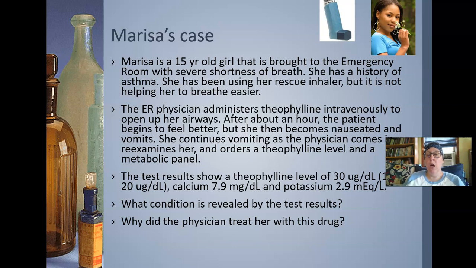And so what condition is revealed by these test results? We'll have to answer that in the Nearpod. And why did the physician choose to treat her with theophylline? So just look up or think about the difference. We're going to look at some of this here in a minute between the rescue inhaler and the theophylline.